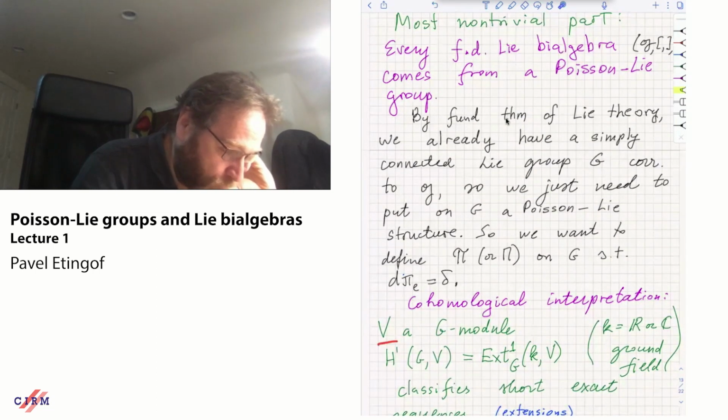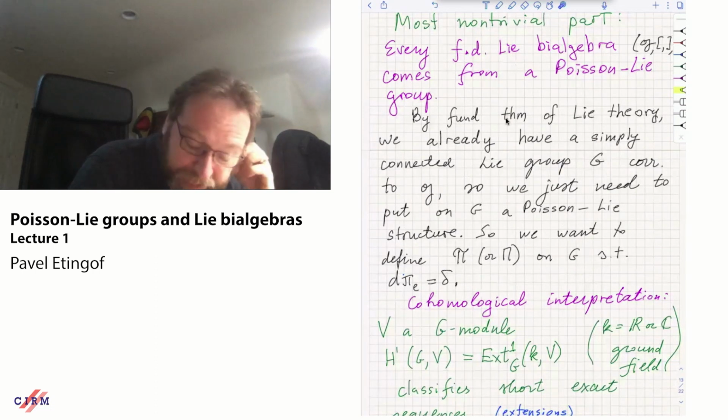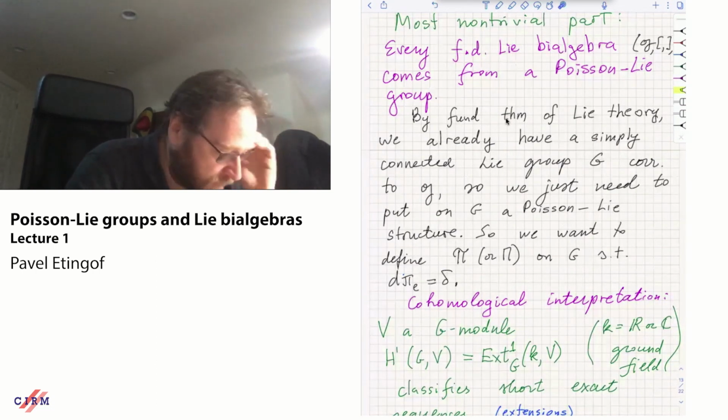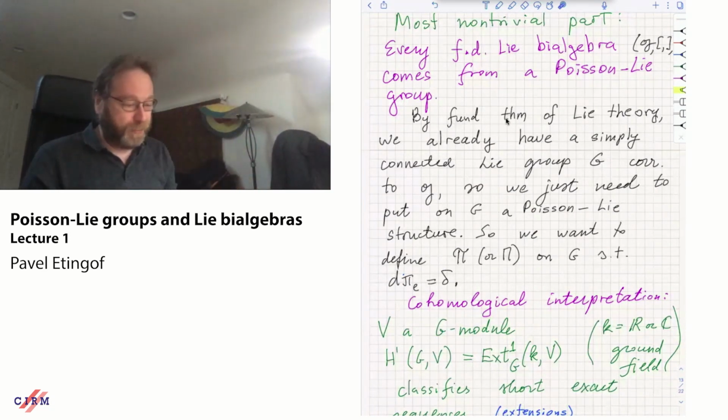So if you have a group G and V is a G-module, G doesn't have to be a Lie group, although it can be. It could be an abstract group, for example. So let's consider for a moment the case when G is just an abstract group.